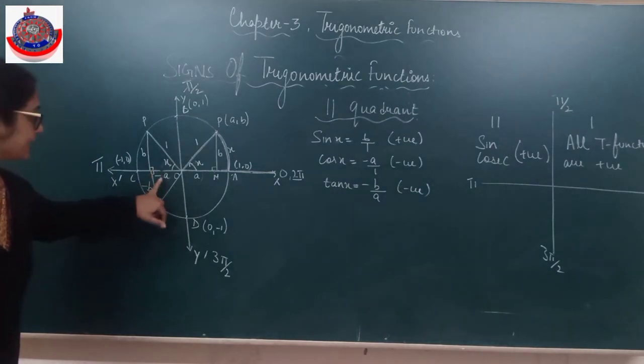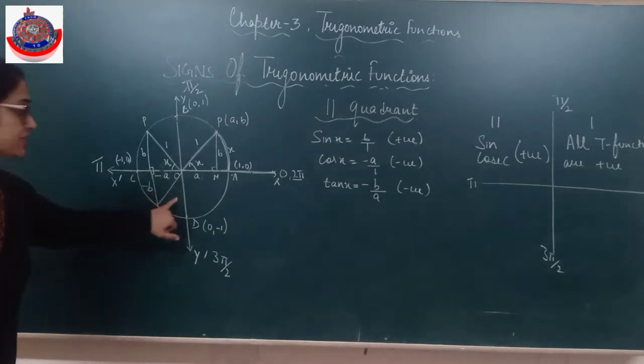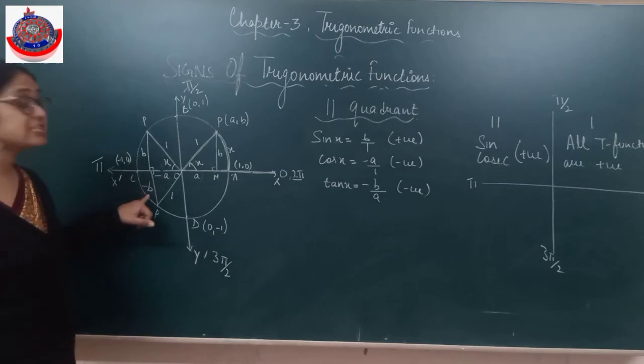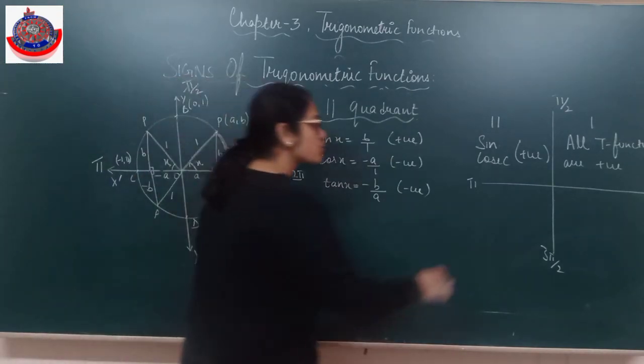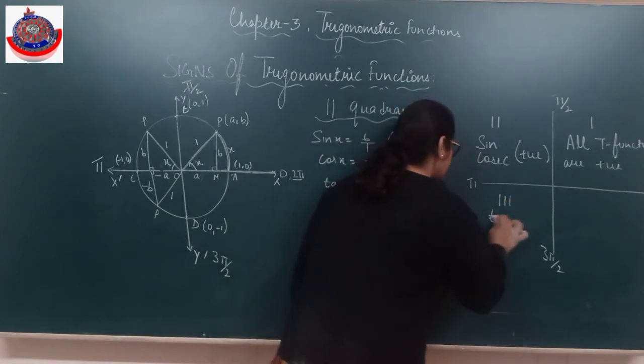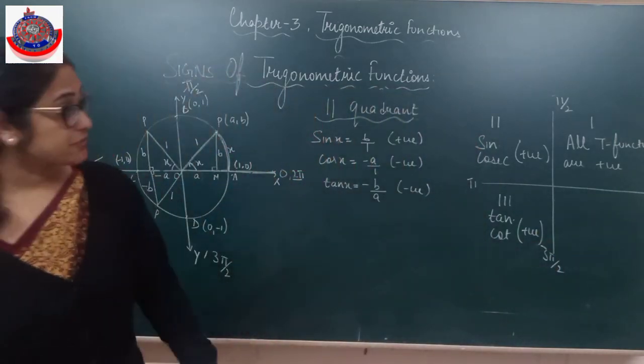Now if I talk about sine, sine is minus b upon h, negative. Cos is minus a upon h, that is also negative. Tan is minus b upon minus a, minus minus cancel, positive. That means in the third quadrant, tan and its reciprocal cot are positive, rest all are negative.